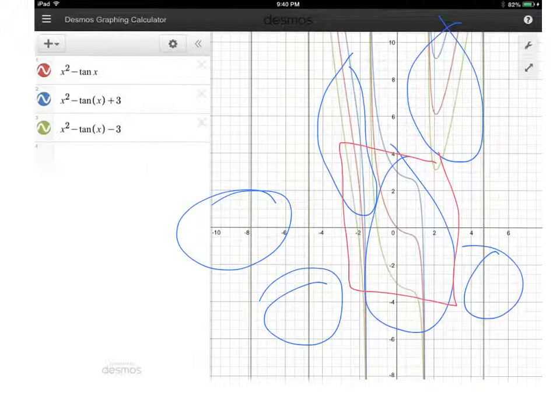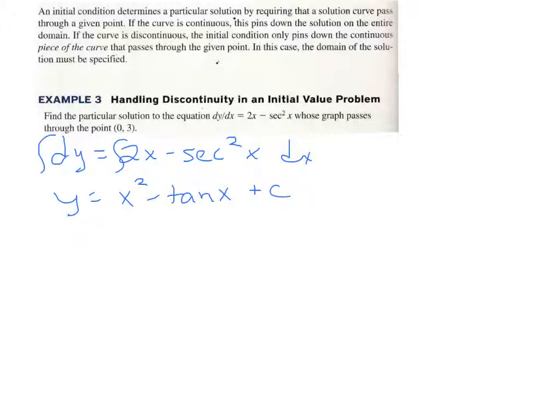All right, so let me get rid of this. Okay, so we are looking at the particular solution (0, 3), so that means that when x is 0, y is 3.